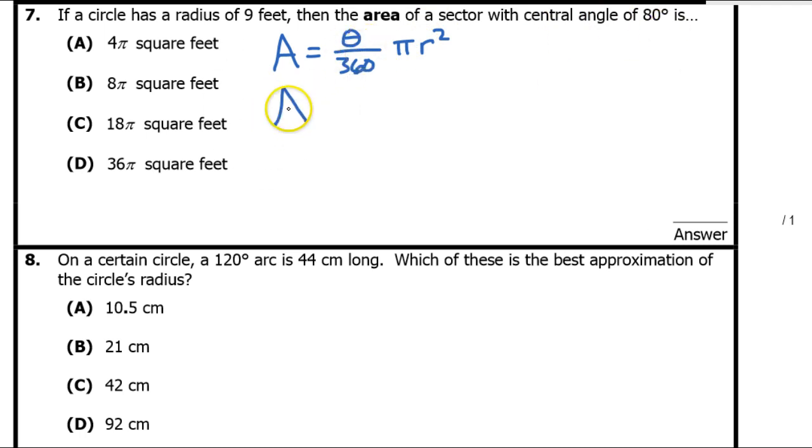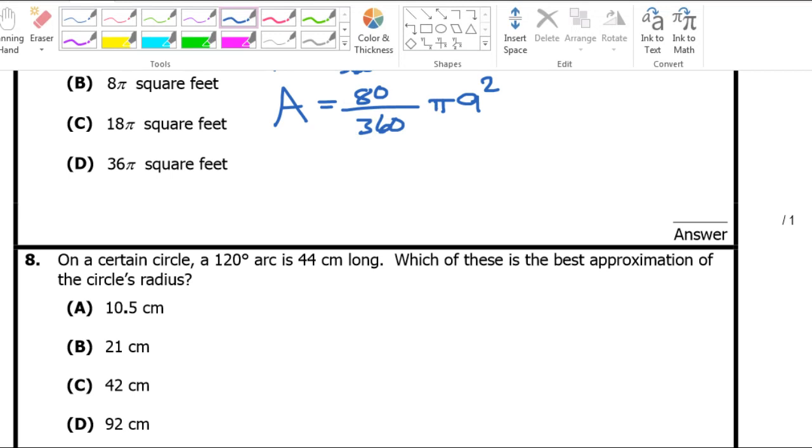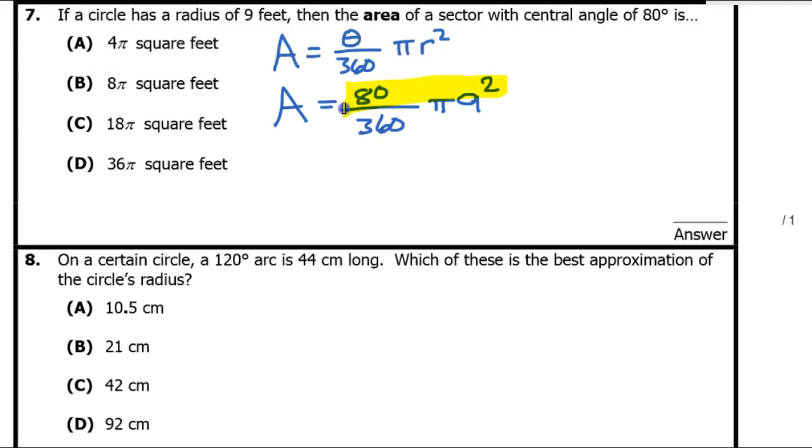Anyway, so I can just substitute 80 in for theta, and I can substitute 9 in for r. Since everything I need is on the right-hand side of the equation, I really can just put this entire thing in my calculator just like that.